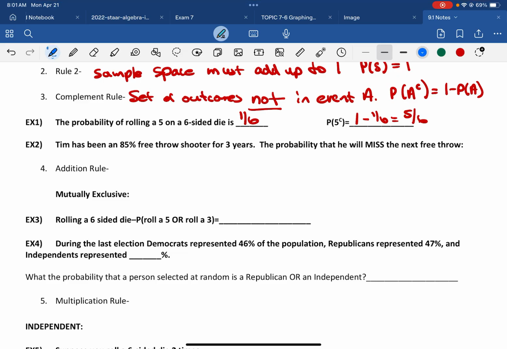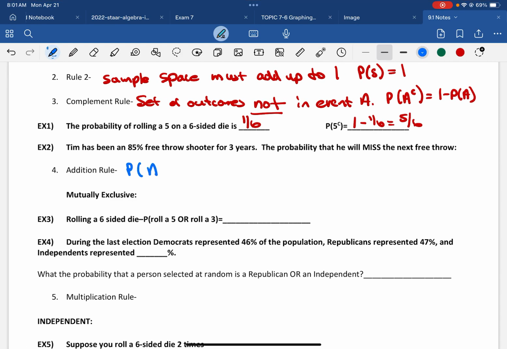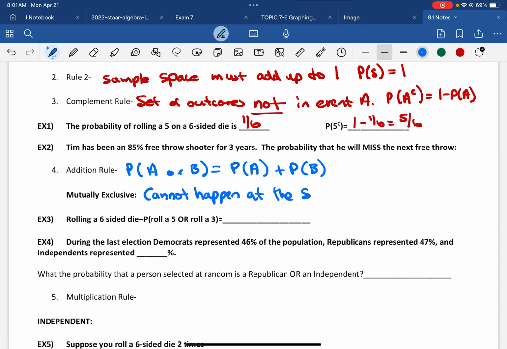Okay, so we have what's called the addition rule. The addition rule states the probability of event A or event B. The formula is you take the probability of event A plus the probability of event B, if A and B are what is called disjoint or mutually exclusive, that means they cannot happen at the same time.